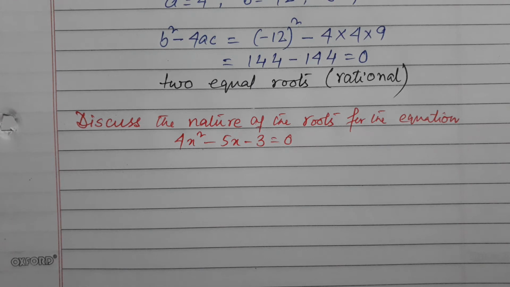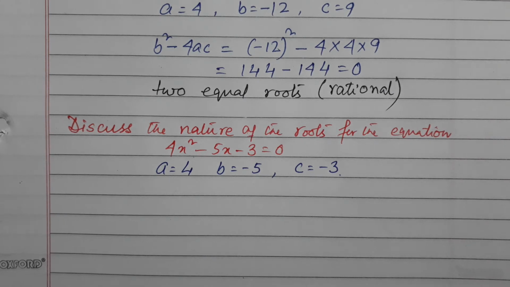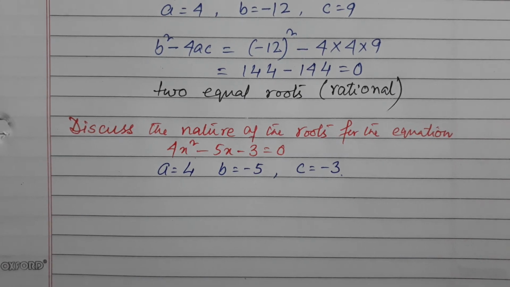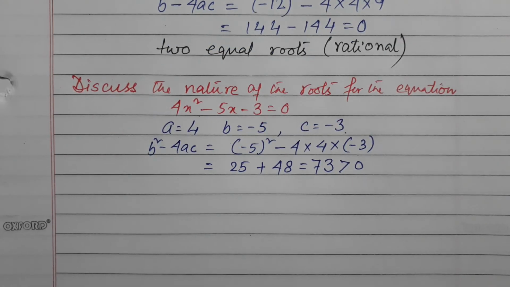Now let us check for the equation 4x square minus 5x minus 3 equals 0. Here a equals 4, b equals minus 5 and c equals minus 3, and hence the discriminant will become 25 plus 48, which is equal to 73, and hence the discriminant is greater than 0.